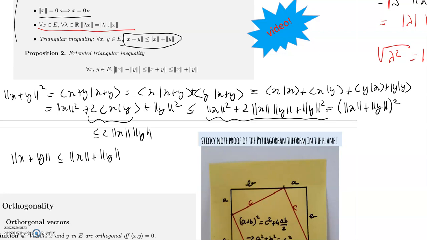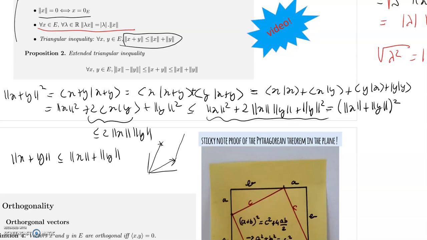Okay, that's our triangular inequality. If you remember the meaning of that in R2, for instance, let's say you've got that point and that point, you have two vectors in R2.